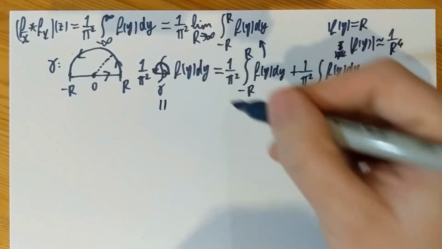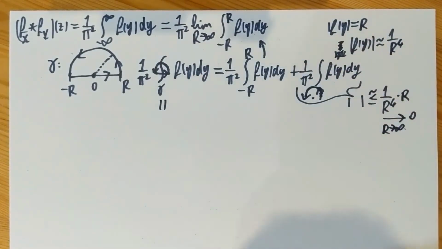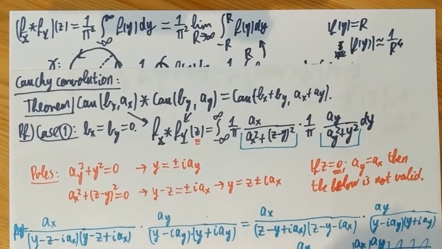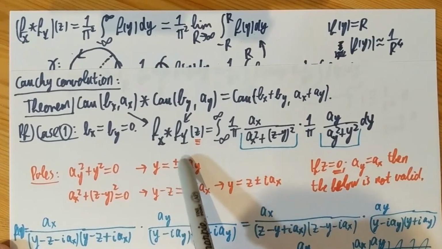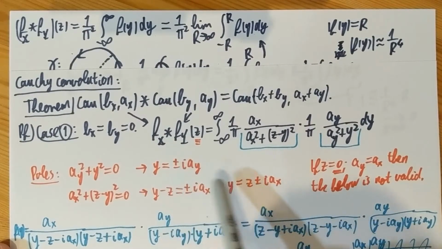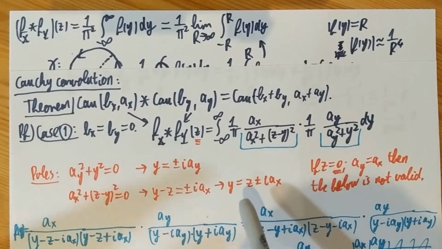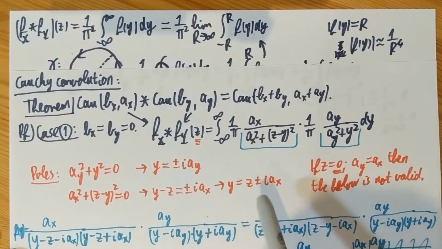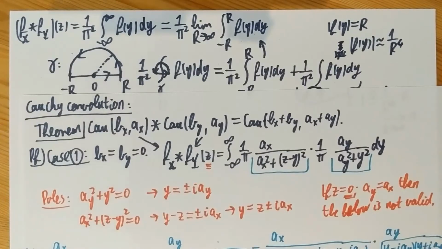The residue theorem tells me that as soon as r is large enough to include all of the poles which it's ever going to include, namely the ones in the positive half plane, with positive imaginary part, the z plus iax and the iay, these guys are somewhere here.